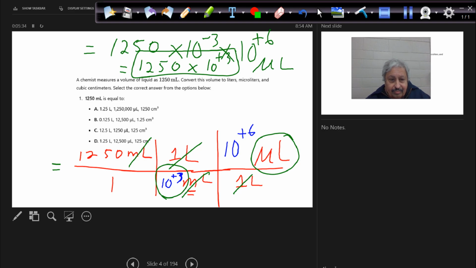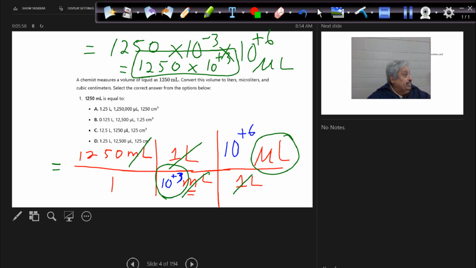What we did, 125 milliliters, it has to be converted. Convert this volume to liters, microliters, and cubic centimeters. Three things, but we will do it as microliters. It's not there, but we will do it. If we get it correct once, then the other ones we can do the whole thing.